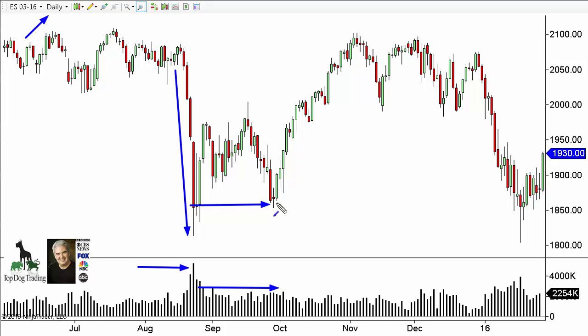Now, interestingly, as the market goes up, a lot of people would think, okay, that's a very nice move. That's a big climb. Why isn't volume going up? Okay, so this is where a lot of people misunderstand volume. You don't always want a dramatic increase in volume in order to sustain a trend.